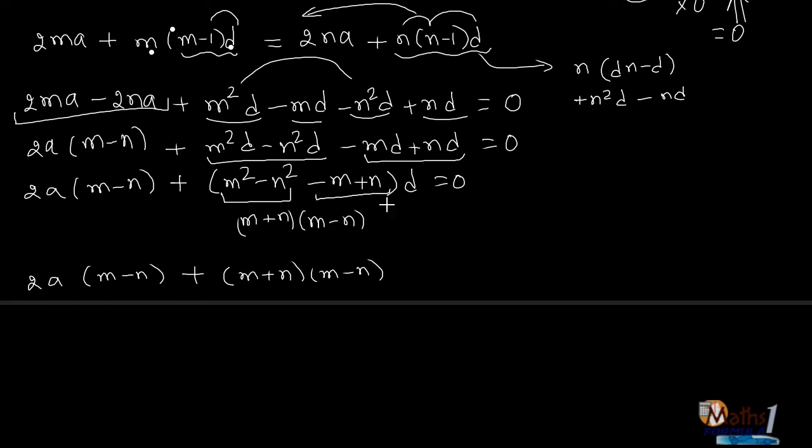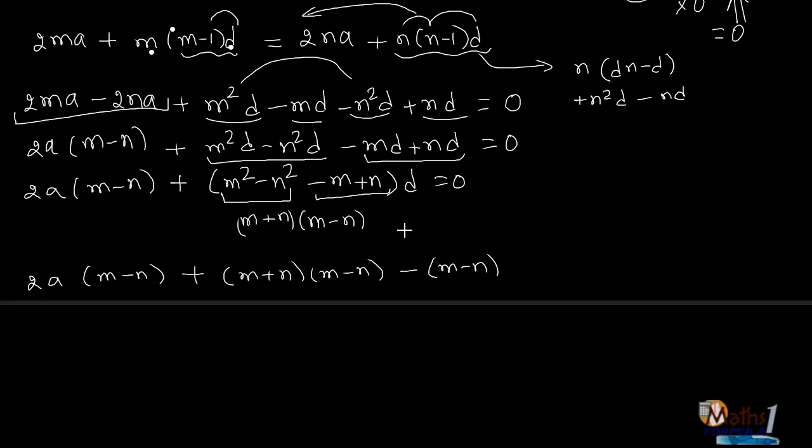Here it looks like n − m, but n − m we don't have anywhere. I need m − n, so if I take minus out, then it will be m − n. Verify this, always put a bracket, just verify this properly.